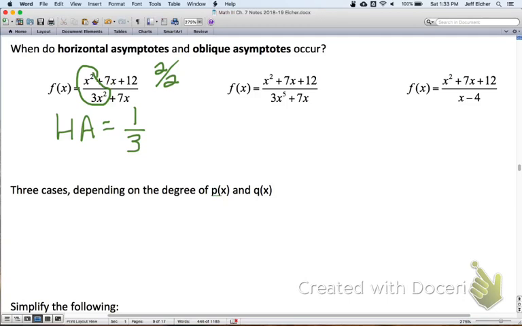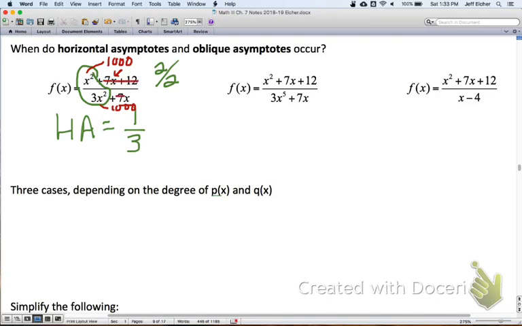Why is that? Well, if you tried plugging in a very large number for x, like 1,000, that 1,000 squared is going to be a very large number, one with 6 zeros. Now you can add 7,000 to that and then plus 12, but these really don't contribute as much as that first term.